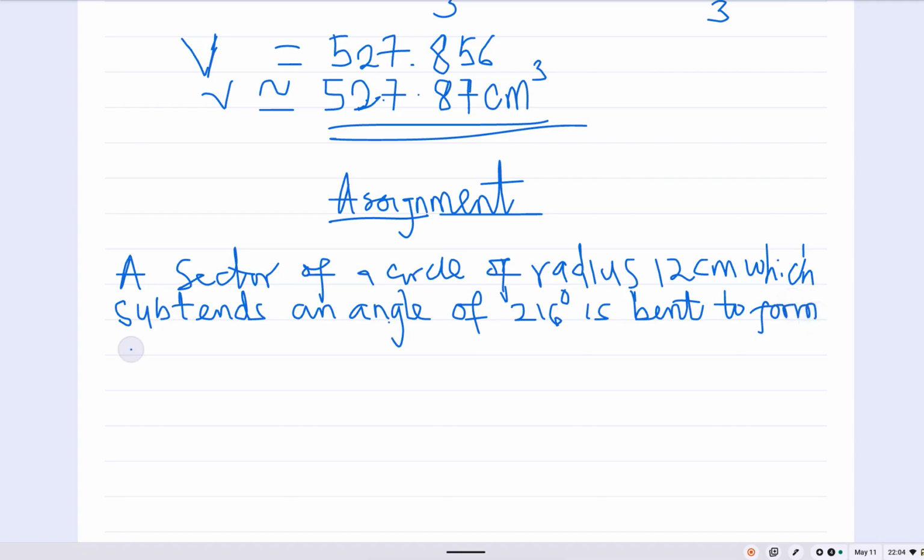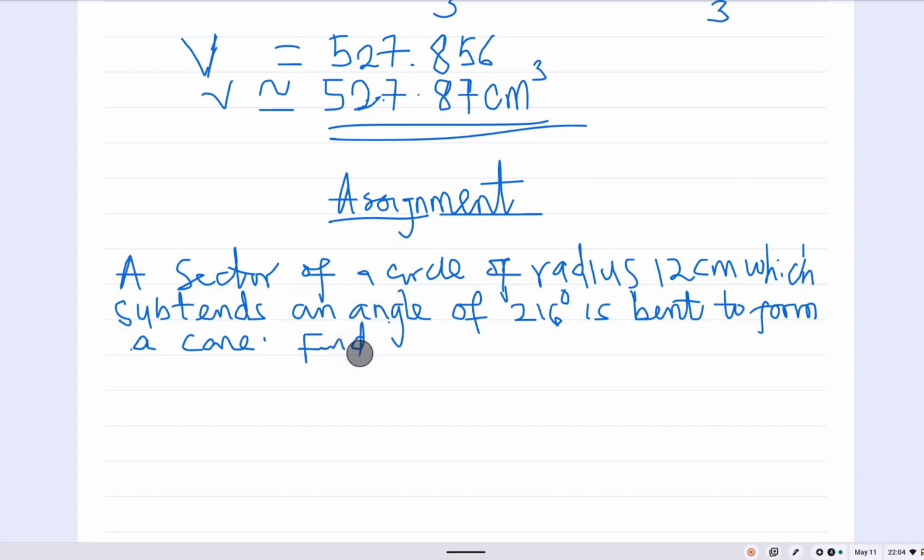Are you seeing that now? Is bent to form a cone. Full stop. So what are you to find?